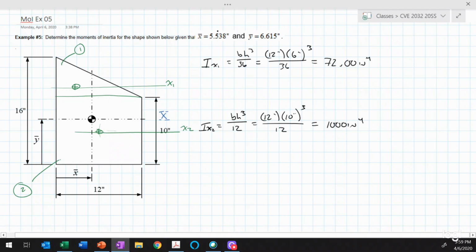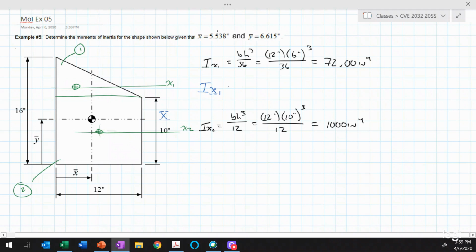Now I can't add those two numbers together directly. I can only add moments of inertia together if they are taken about the same axis. So I need to convert the moment of inertia I sub little x1 to the moment of inertia I sub big X for area 1.